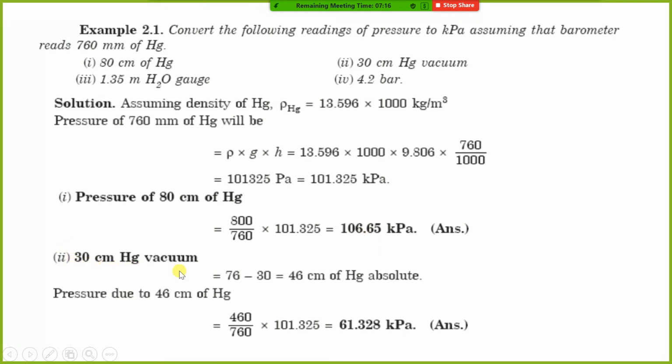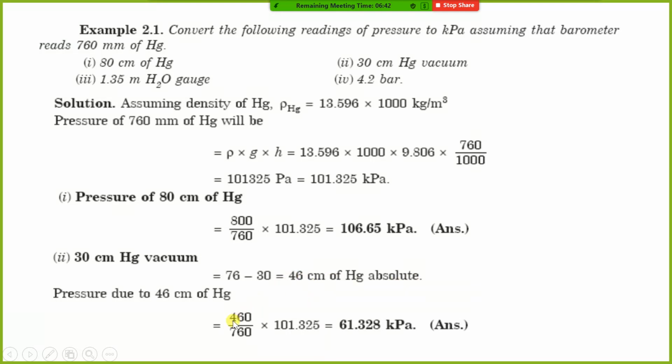Now 30 centimeter of Hg vacuum. Now it is in vacuum. Therefore, first of all, convert this vacuum into gauge. It is 30 centimeter, and we have to subtract 30 centimeter from atmospheric pressure, and atmospheric pressure is 760 mm of Hg. Since it is written in centimeter, I have taken 760 mm of Hg as 76 centimeter of Hg. 76 minus 30 is equal to 46 centimeter of Hg.